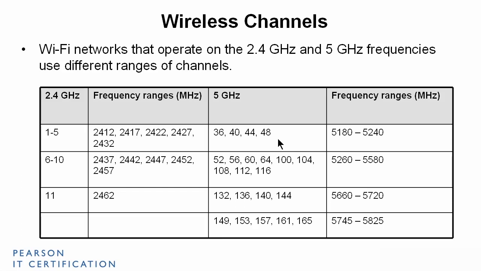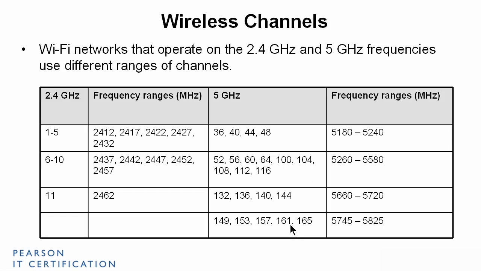So there's a little bit about wireless channels. Make sure you know the 3 ranges for 2.4 and understand that you can, in the United States at least, use the 5 gigahertz channels starting at 36, going all the way up to 165. But again, the standards that you'll use are this group, 36 through 48, and this group, 149 through 165.